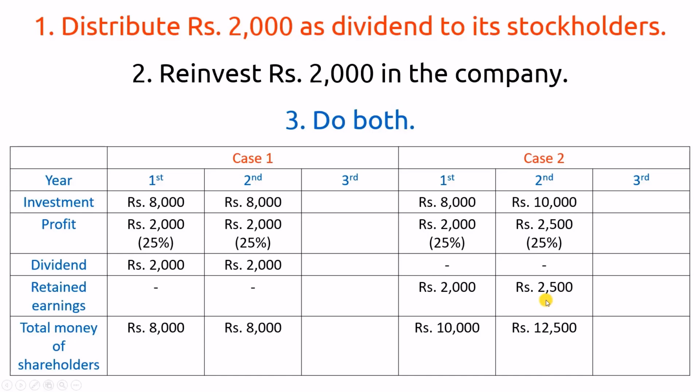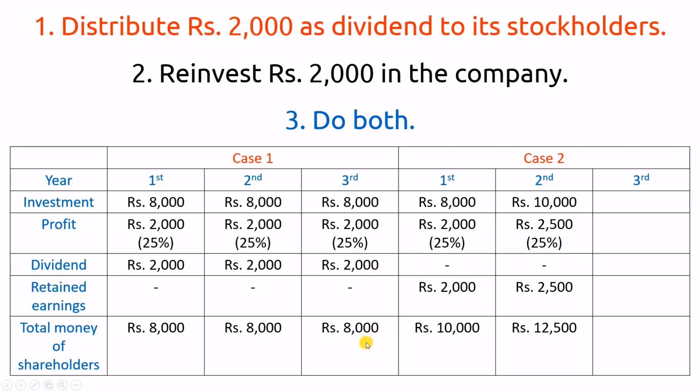Now, what is the total money of the shareholders? It is 10,000 plus 2,500, which is 12,500. So at the end of the second year, this is the total money of the shareholders. In the same way, in the third year, the investment is 8,000, profit is 2,000, entirely given as dividend, nothing is held back.